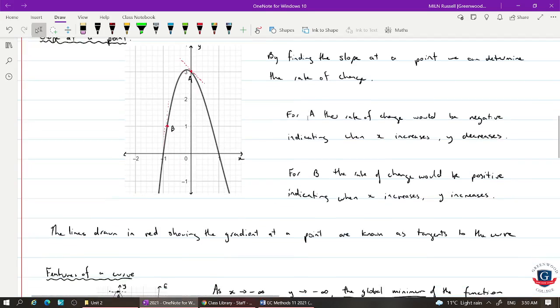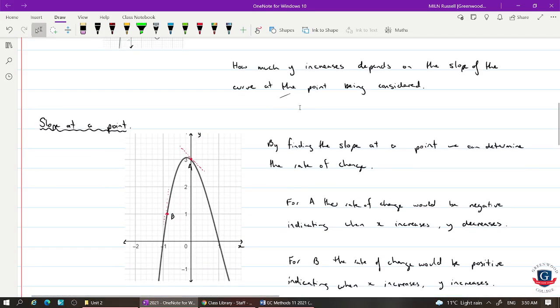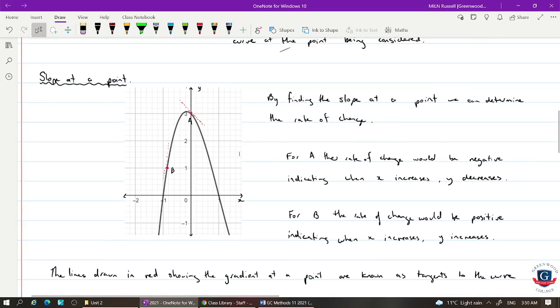So let's have a look at slope at a point. By finding the slope at a point, we can determine the rate of change. At point A, we can see that the rate of change would be negative, as x increases, y is decreasing. And for B, as x increases, y increases, so the rate of change would be positive.